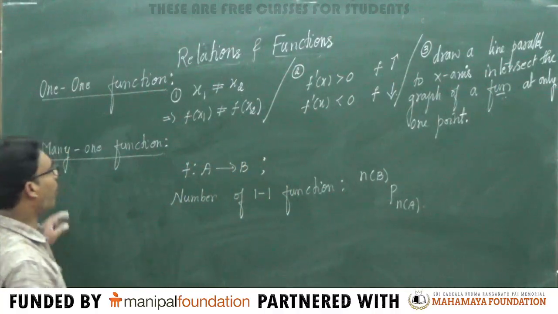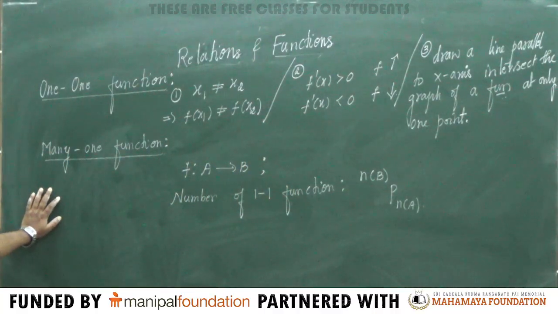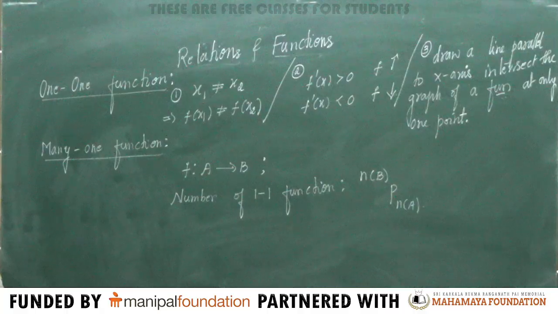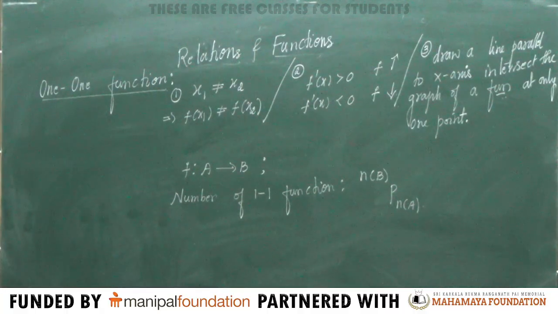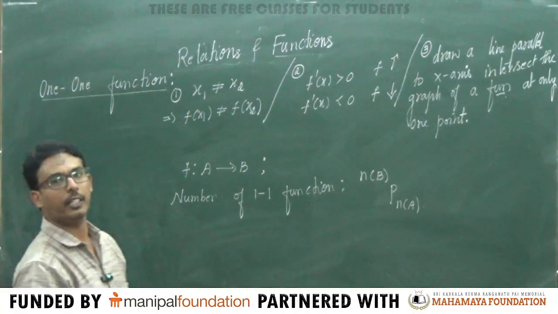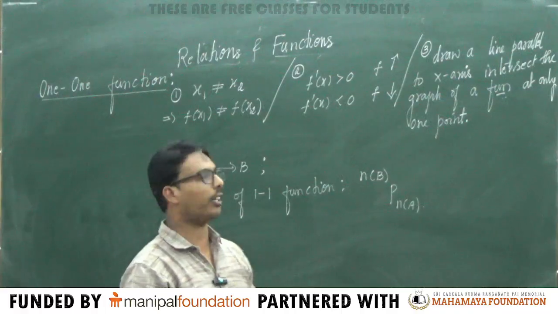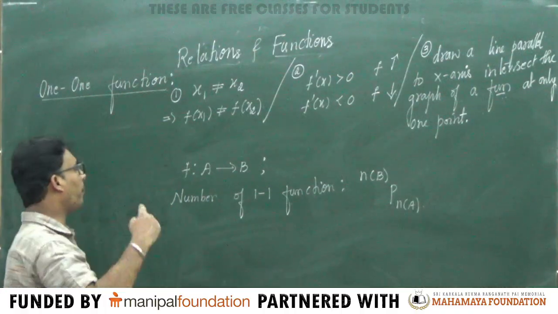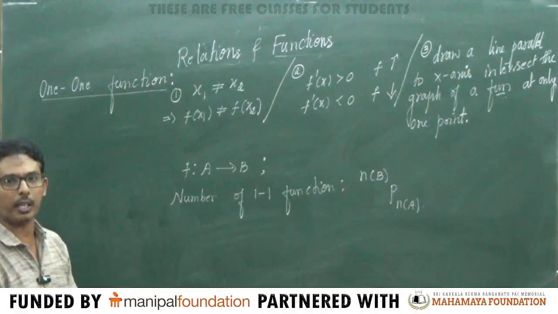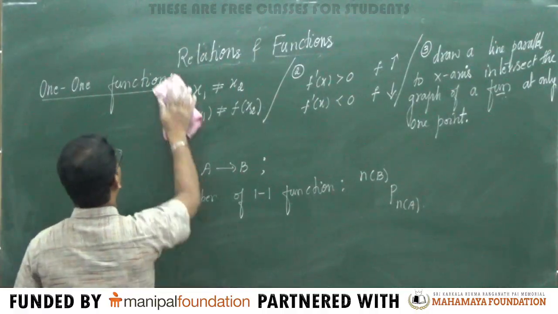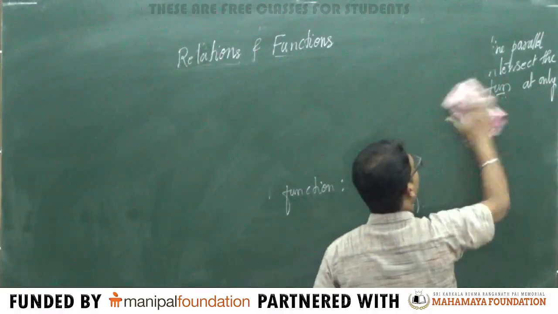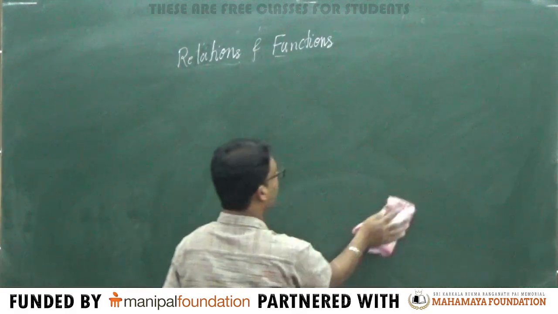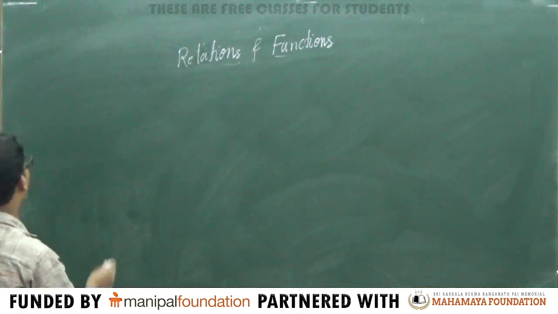So that is the formula to find the number of one-one functions from the set A to B. If the function is not one-one, that is called a many-one function. So remember all three methods to verify whether a given function is one-one or not, and here the most important is the formula to find the number of one-one functions. So the next concept is onto function.